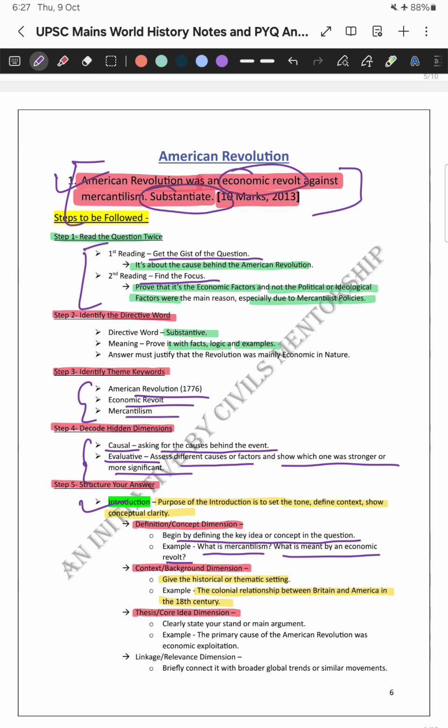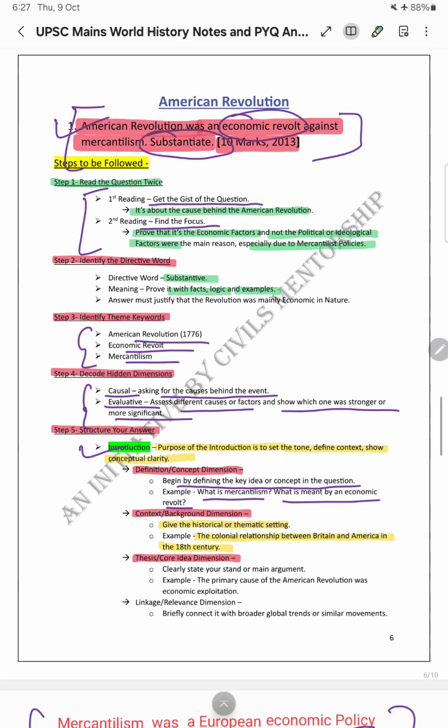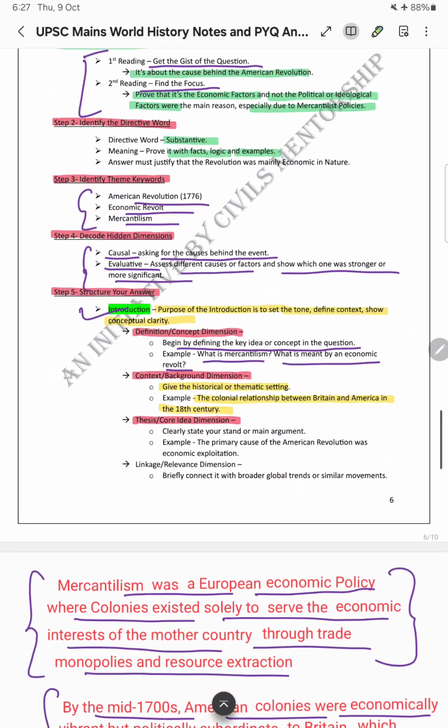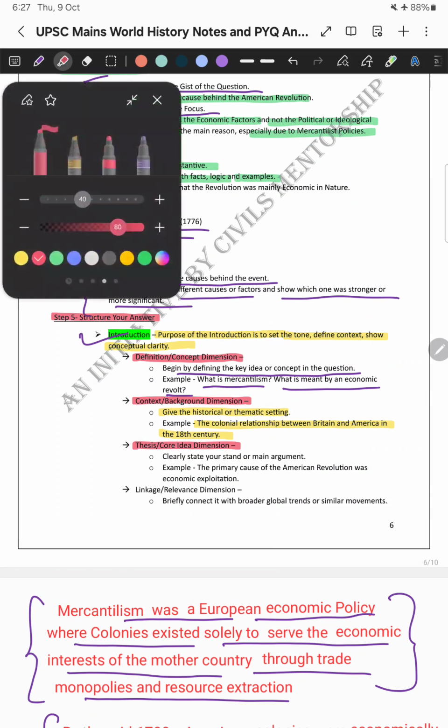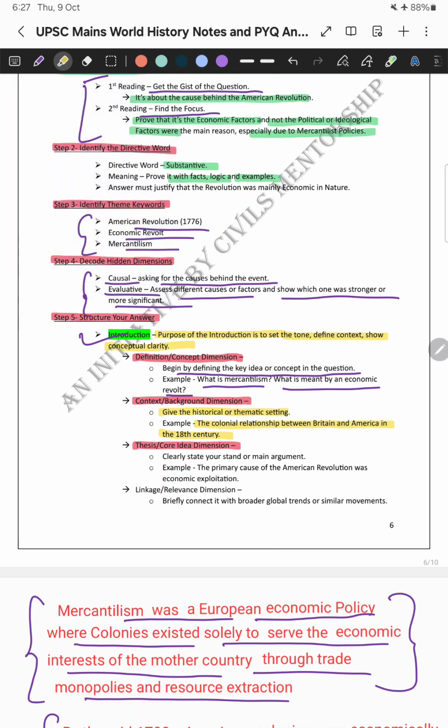You can start your answer with this argument, giving your viewpoint, whether you are standing against it or supporting the argument. This is the thesis or core idea dimension, where you are clearly stating your stand or the main argument. For example, in this question, you can introduce your answer by giving the primary cause of the American Revolution. You can state that the primary cause of the American Revolution was economic exploitation.